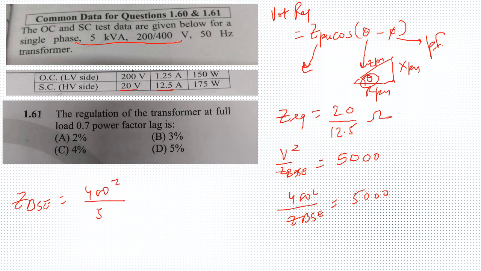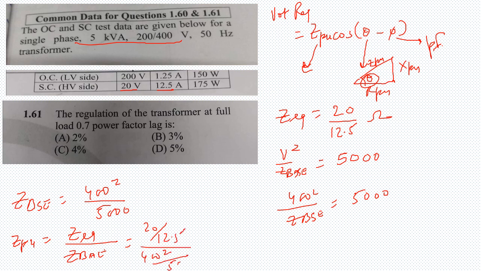Now Z per unit will be equal to Z equivalent over Z base, so 20 over 12.5 over 400 squared over 5000. If you do all this calculation, you will get 0.05. This is your Z per unit.